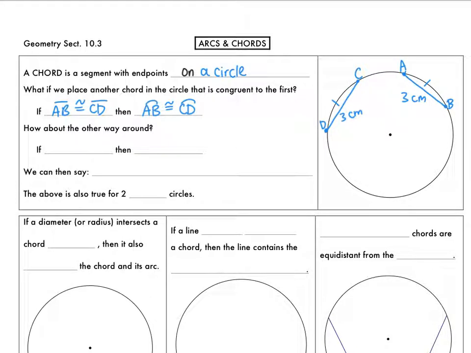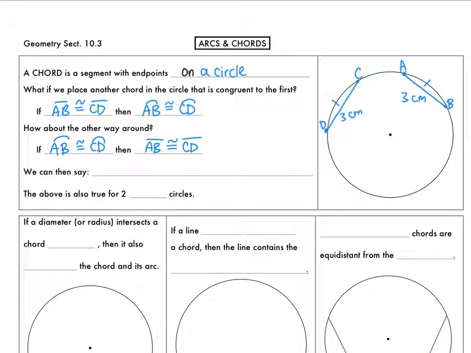We can also say it the other way. If I knew that arc AB was congruent to arc CD, then I would know that chord AB is congruent to chord CD.